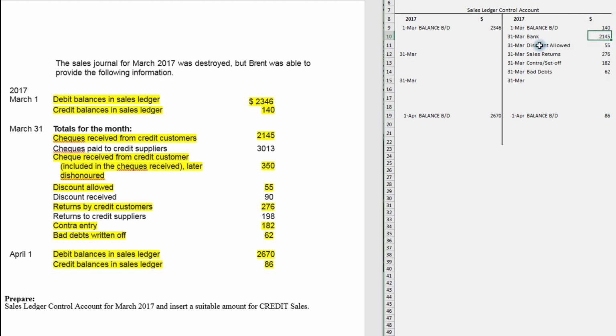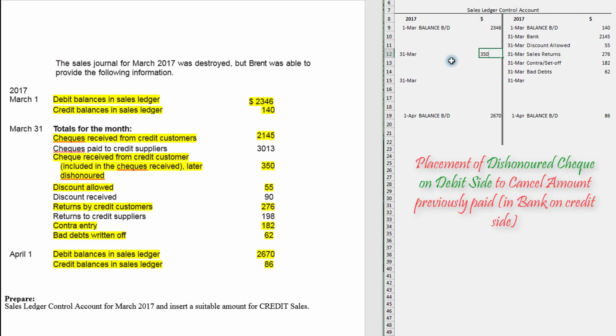Because that check was dishonored, we have to cancel or remove that $350 from the bank balance. So we're going to put it on the debit side, and we're going to write dishonored check.